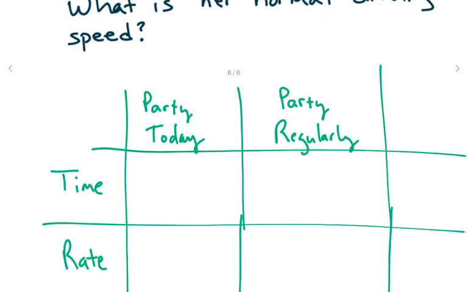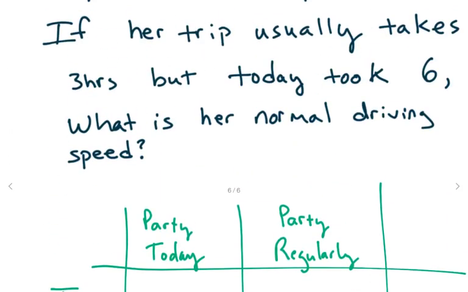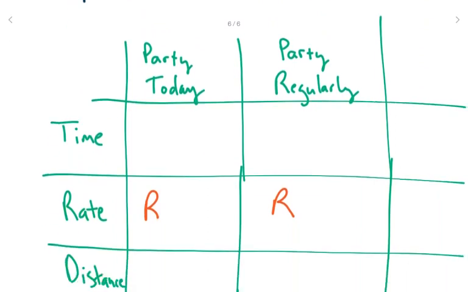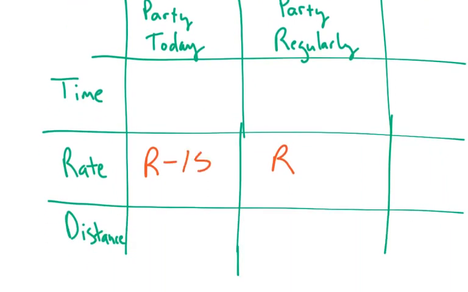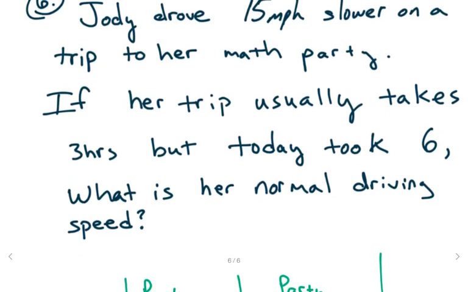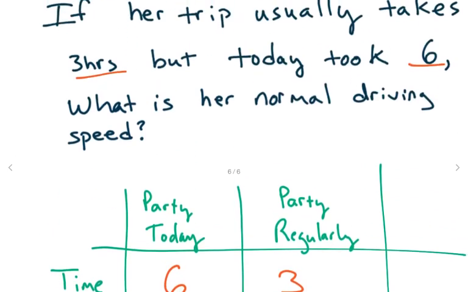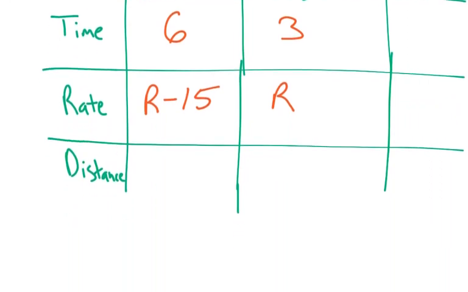So if she regularly goes at a rate R, then today she was 15 miles per hour slower, so today she was R minus 15. Now it says her trip usually takes 3 hours, but today it took 6. What is her normal driving speed? So we're solving for R.